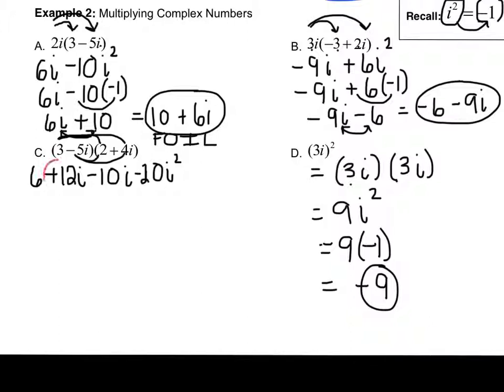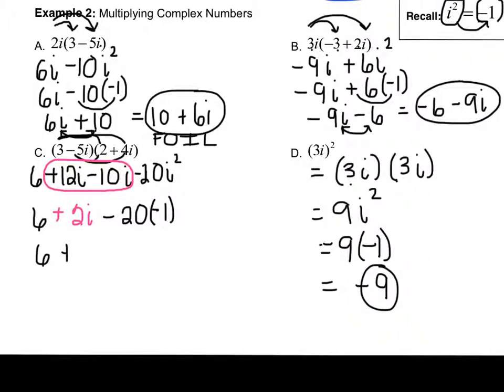So it looks like we need to combine some like terms. So we have 6. The 12i minus 10i gives us 2i. I'll recopy the minus 20, and I'm going to replace the i squared, in parentheses, with negative 1.